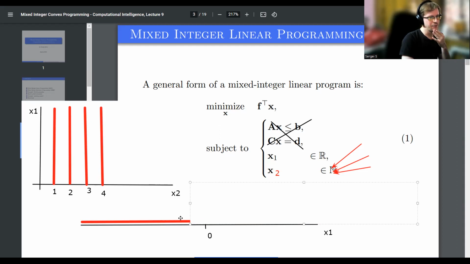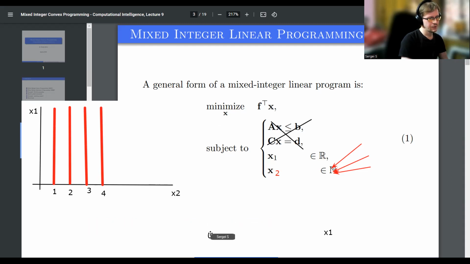Maybe this is better somehow. So this will be the domain of the problem. On the vertical axis, x1 can go anywhere from minus infinity to plus infinity, but let's keep it positive just for simplicity. And x2 can only assume integer values. So this is the domain.